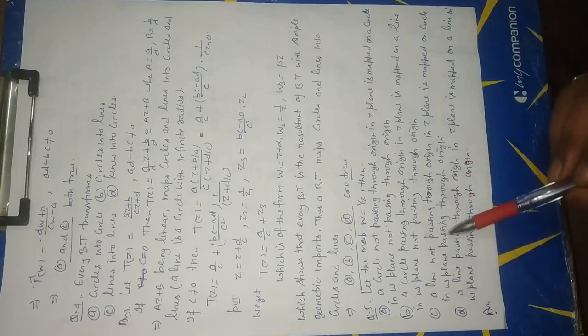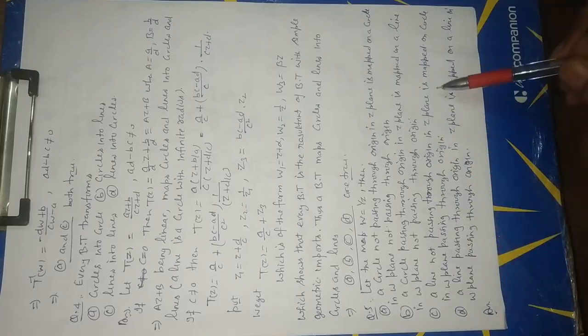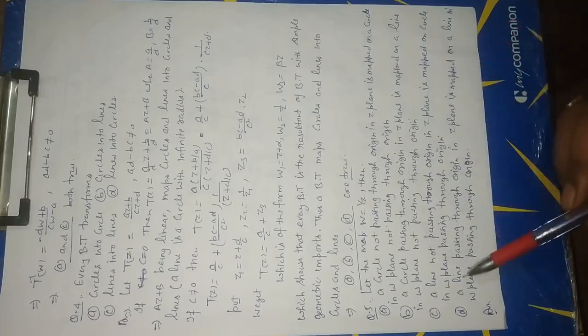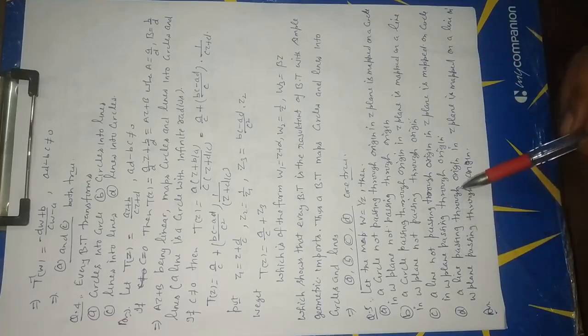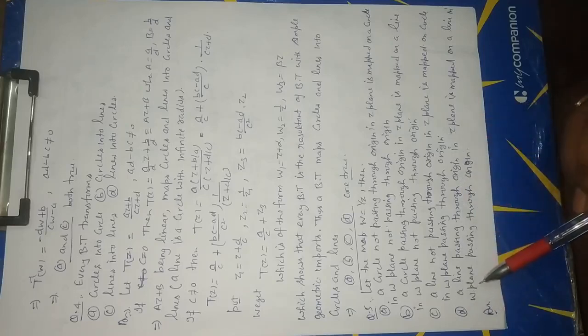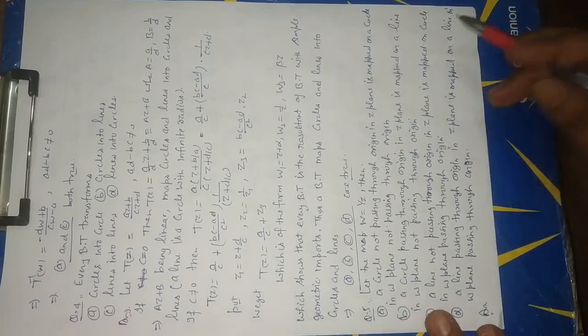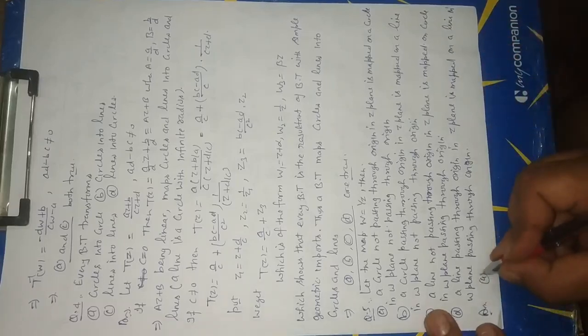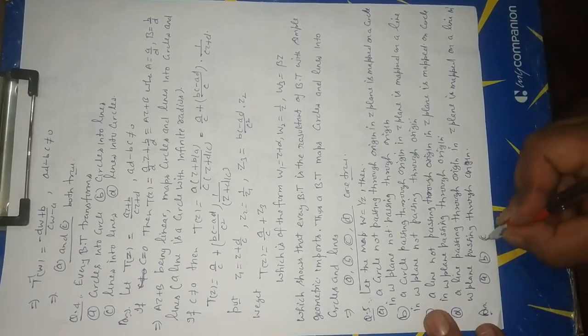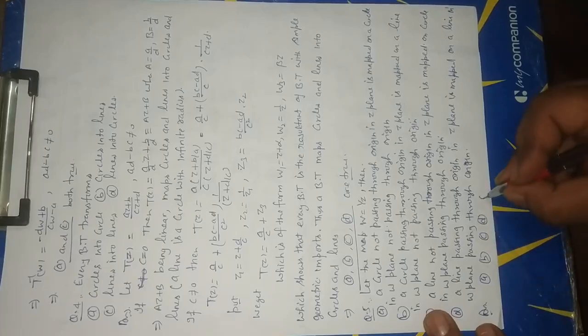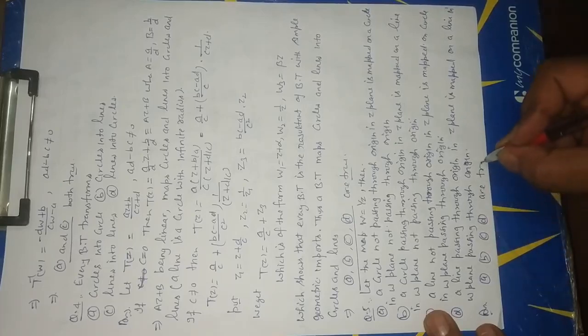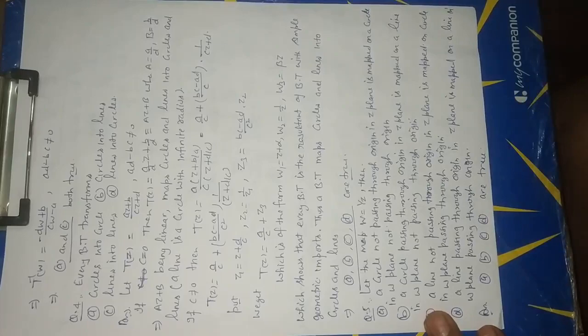C option, a line not passing through origin is mapped on a circle in W plane passing through origin. Now D option, a line passing through the origin in z plane is mapped on a line in W plane passing through origin. Now here options A, B, C, D are true.